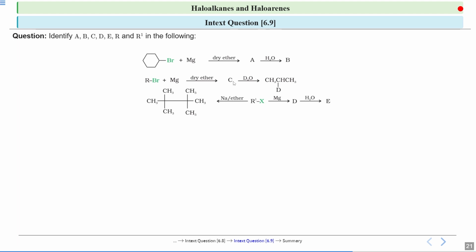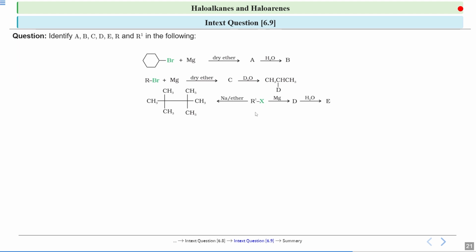And when C reacts with D2O, you get CH3, CHD, CH3. The next reaction starts from R1X, where R1 is an alkyl group; you have to identify R1. When R1X reacts with sodium in the presence of ether, you get this product, which is CH3, CH3, CH3, single bond, C, CH3, CH3, CH3.